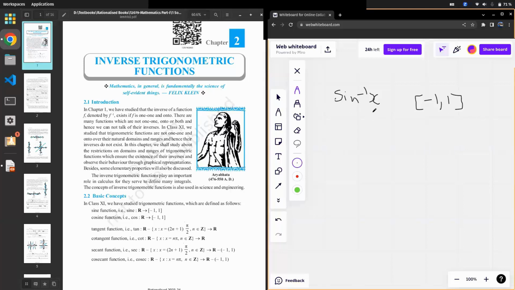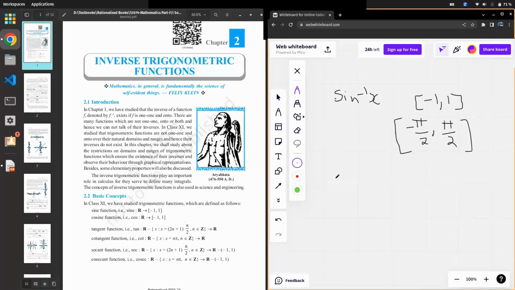And the range of this function we will take as -pi/2 to pi/2. This is for our convenience and we'll call it the principal values of the range. So whatever value of x we have taken in our domain, we'll get values from -pi/2 to pi/2.